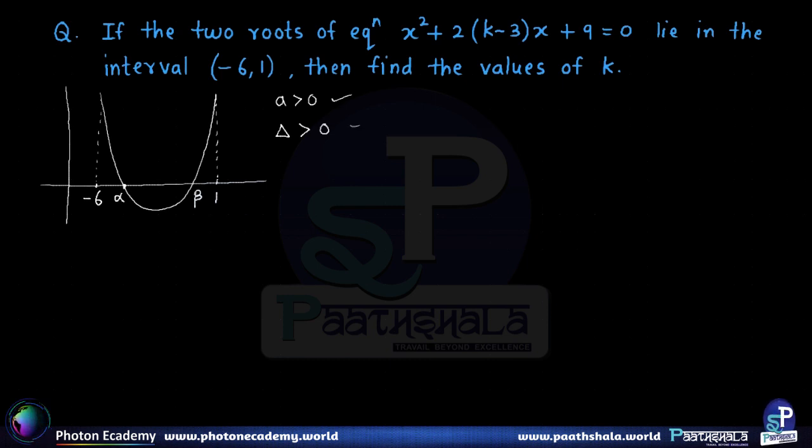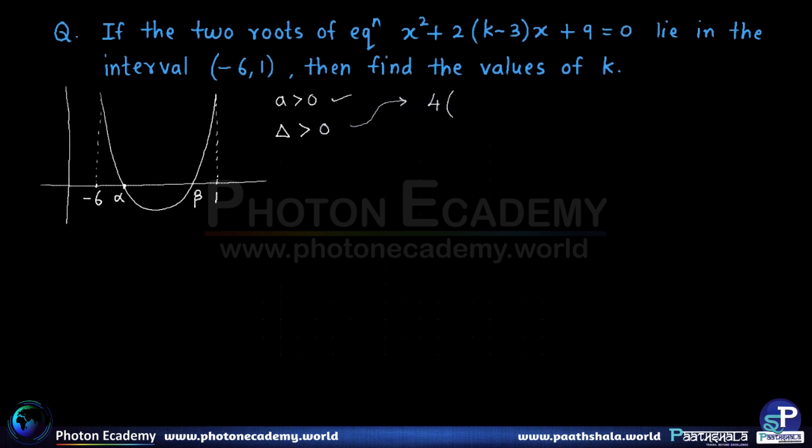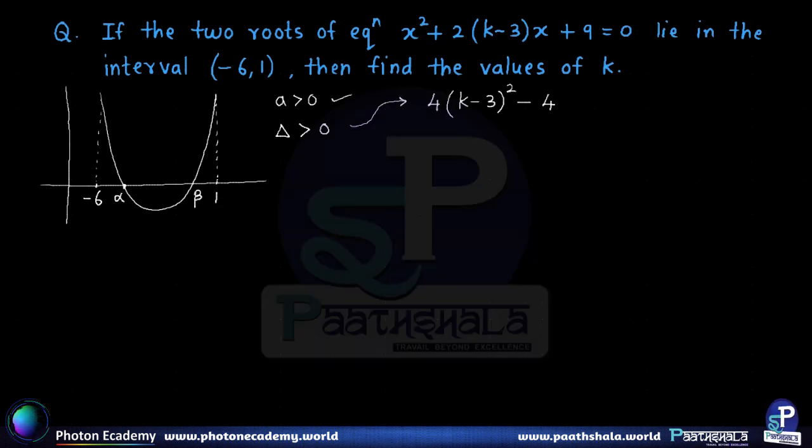So if we write that condition for the given equation, we have 2 into k minus 3 the whole square, which is 4 into k minus 3 the whole square, minus 4 into the constant 9. So this we want to be positive. Cancelling the factor of 4, we are left with k minus 3 the whole square minus 9 greater than 0.